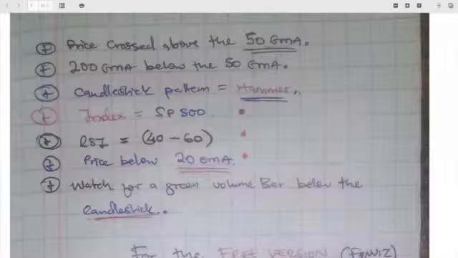So mainly we're focused on earnings reports. That's the season that we are in.